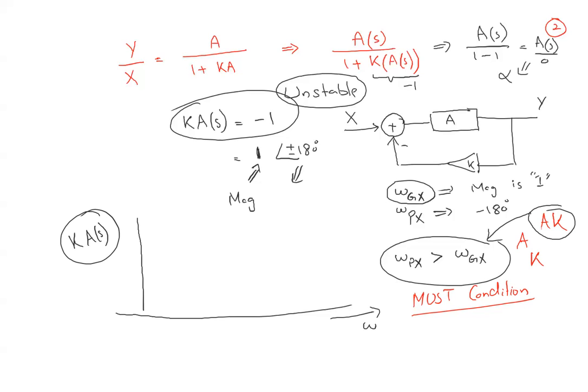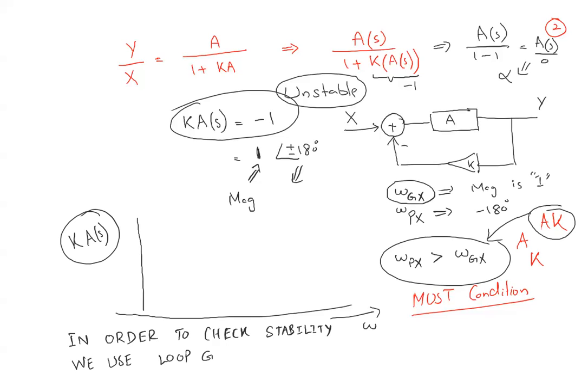Therefore, in order to check stability, we use loop gain.